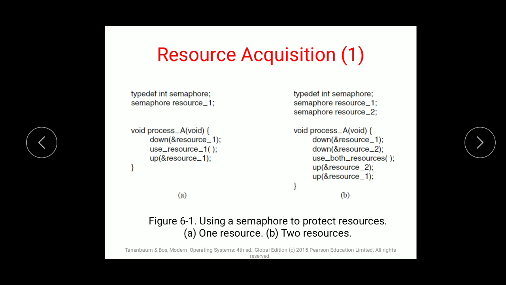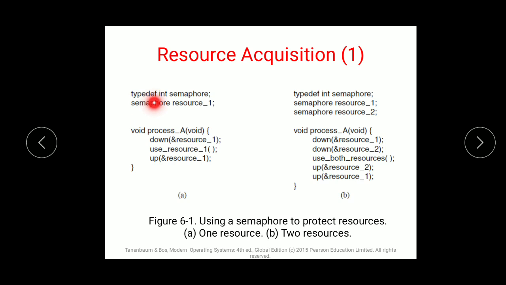So resource acquisition: if I acquire a resource, what are the types? Using a semaphore, that is, using programming code, how do I acquire a resource? Basically, the first one, A1, is one resource and B1 is two resources. Semaphores are functions which are set on those resources.